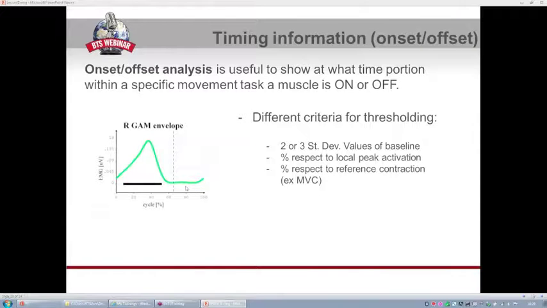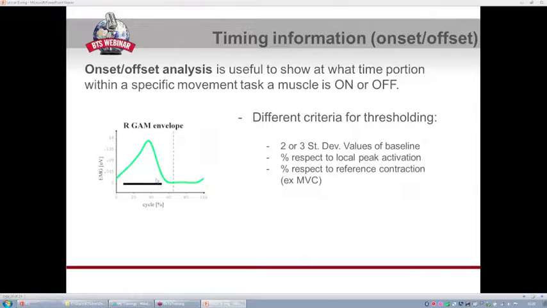The main idea of the onset parameter is to compute how long a muscle needs to turn on and how long it stays on. And then we can analyze also how much EMG activity is used within the onset period. So this is, for example, the case of what we want to have during a gait cycle.